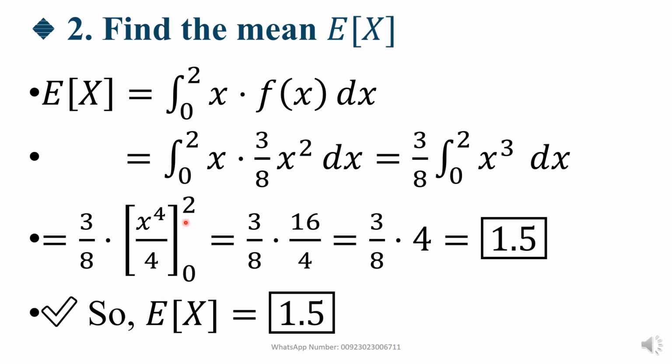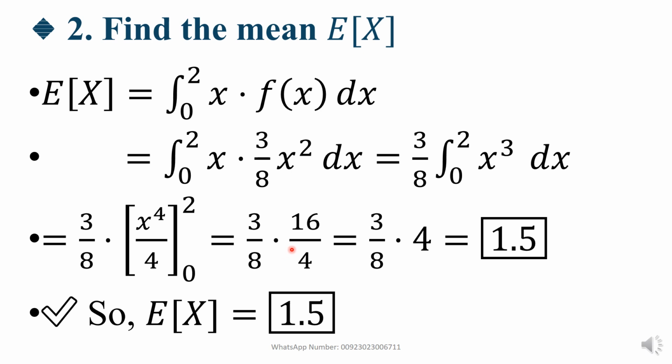After this we put in the value of x. First you put x equal to 2. Now 2 to the 4: 2, 4, 8, 16 you write here, and divide by 4, and second is 0 minus 0, all elements will be 0. So don't write it, but you can write the steps of the solution.